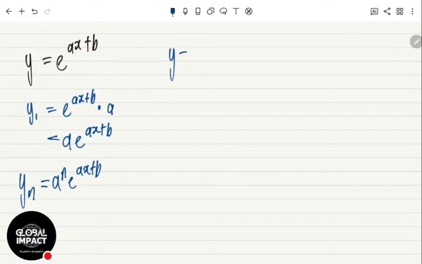And you know how to do it when y is sine of ax plus b.